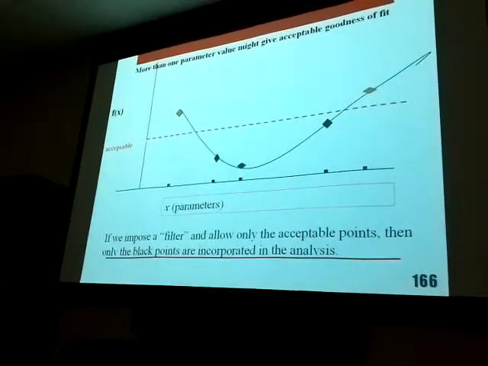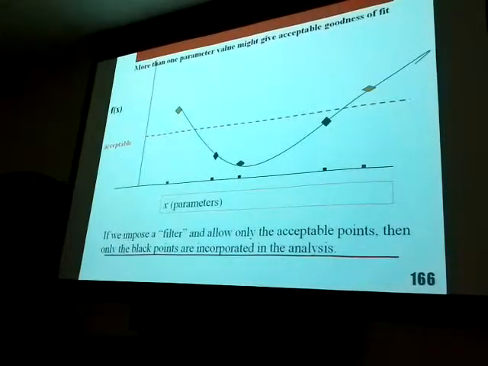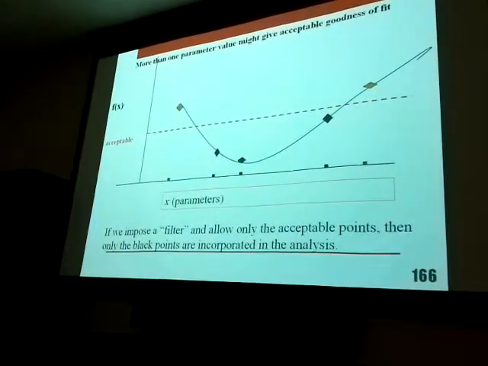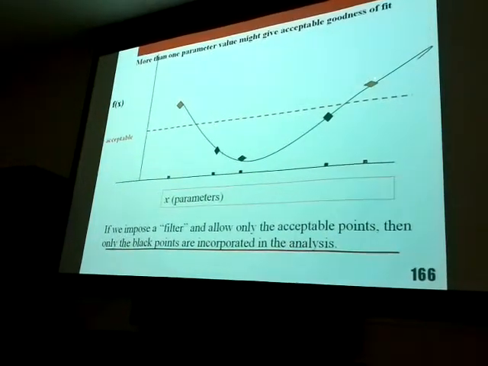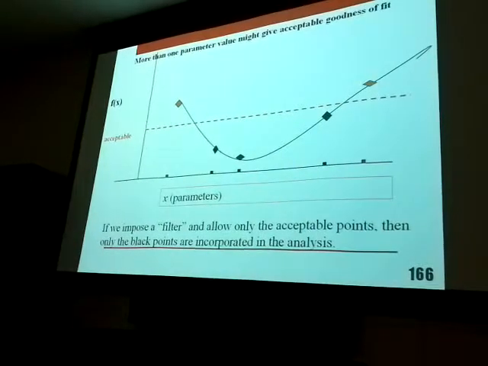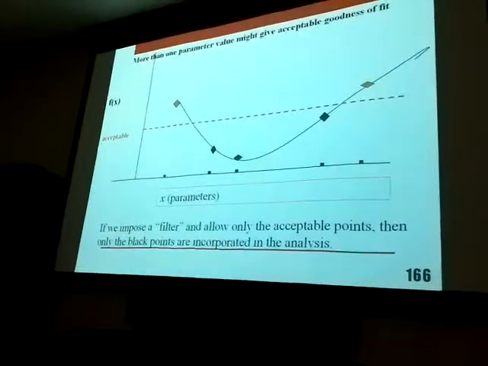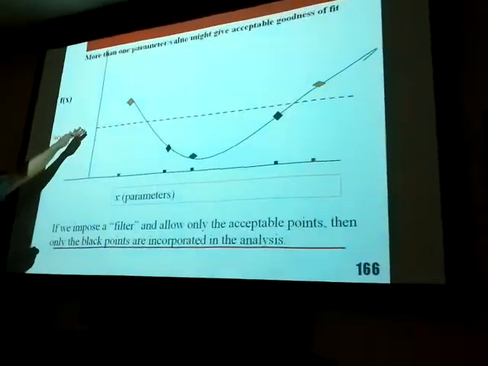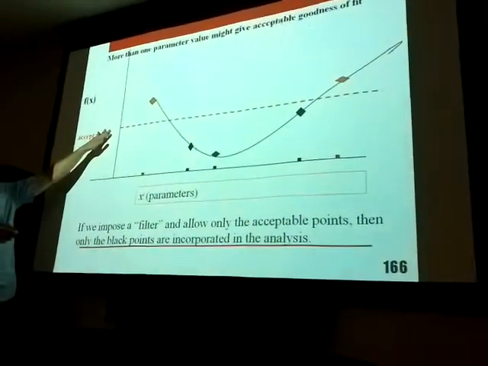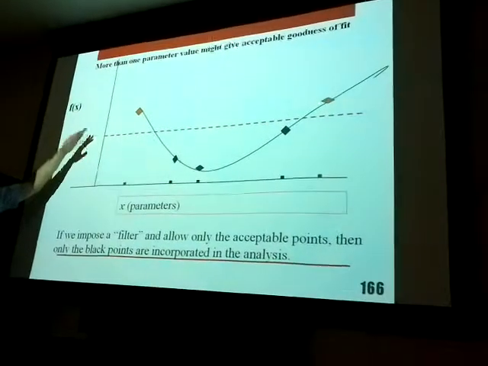So for example, in an acceptable versus parameters function, you can see that two of them are what we consider acceptable. Maybe this acceptable line is 0.8 correlation. And as a result, this gives 0.9 and this gives 0.85.